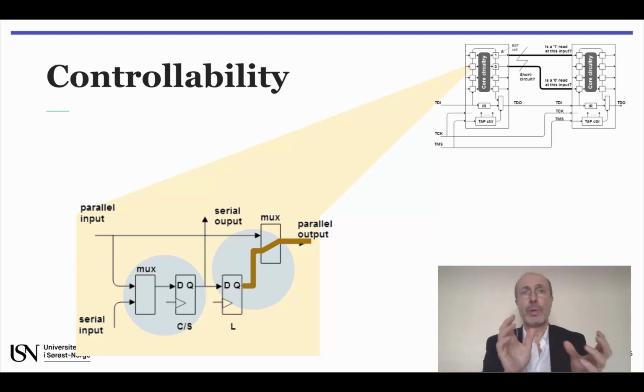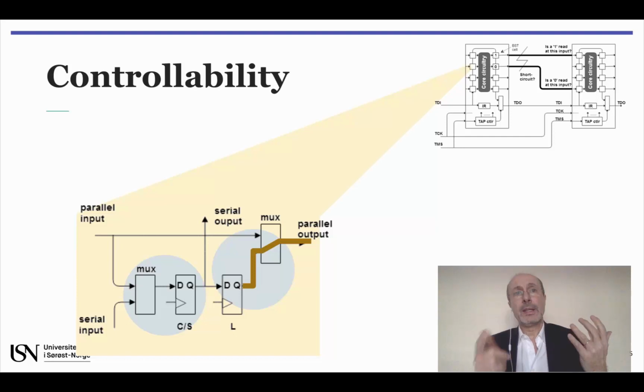So testing a board starts with the test cells in transparent mode, as we saw in the previous slide, followed by setting the input stages to shift mode, and then shifting in the first test vector.